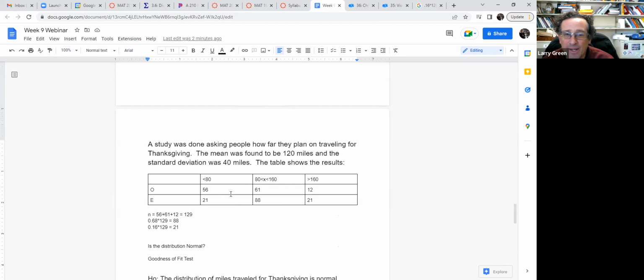It may look quantitative, but it really becomes qualitative as soon as you say less than 80, between 80 and 160, and greater than 160, because you can think of this as the left side, the middle, and the right side. Do you see that? So then you're going to use goodness of fit.